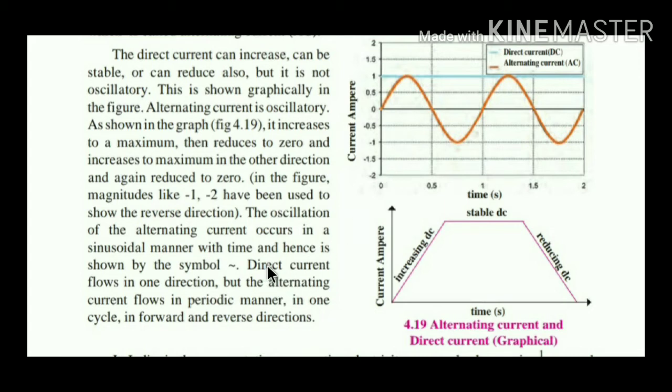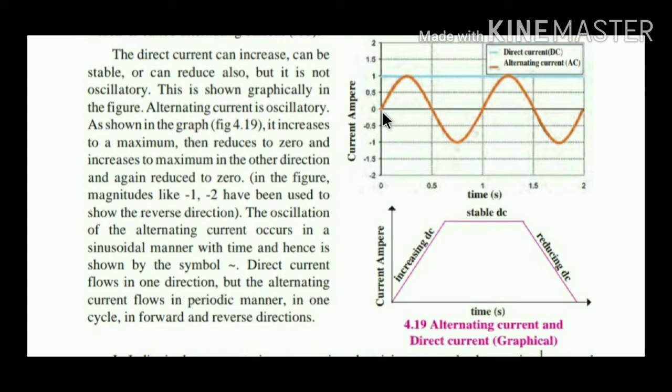What about direct current? Direct current flows in one direction, but the alternating current flows in a periodic manner, in one cycle in forward and reverse direction. So this is also a difference between alternate current and direct current. This direct current flows in one direction, but the alternating current flows in a periodic manner.